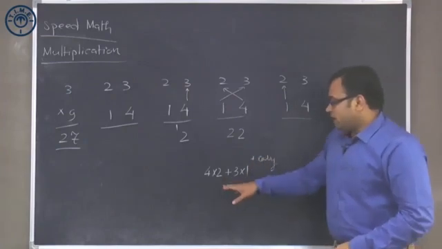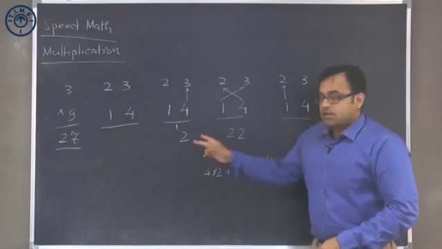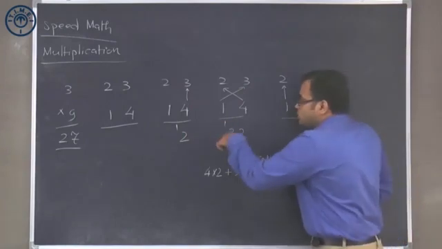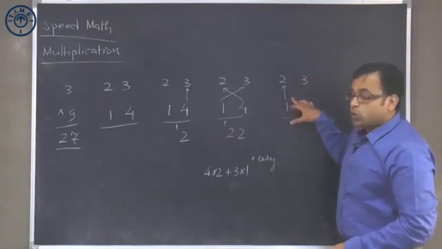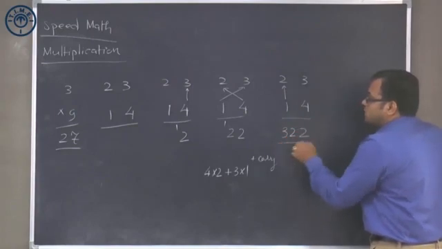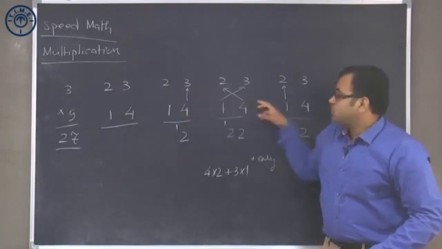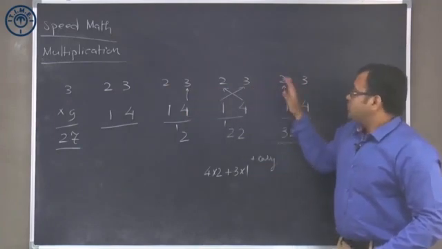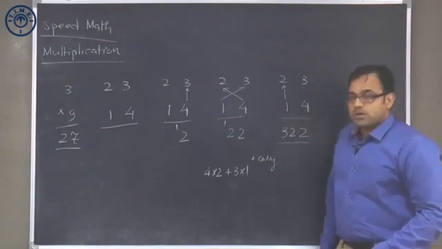This becomes 2. Now the carry is 1. The last digit 2 into 1 is 2, 2 plus 1 is 3. So this will be equal to 322. Observe once again, last one digit, cross multiplying followed by the second last digit. So this gives me the product 322.